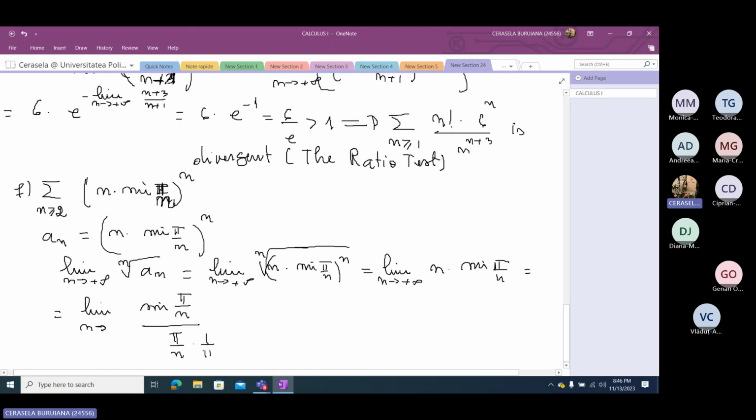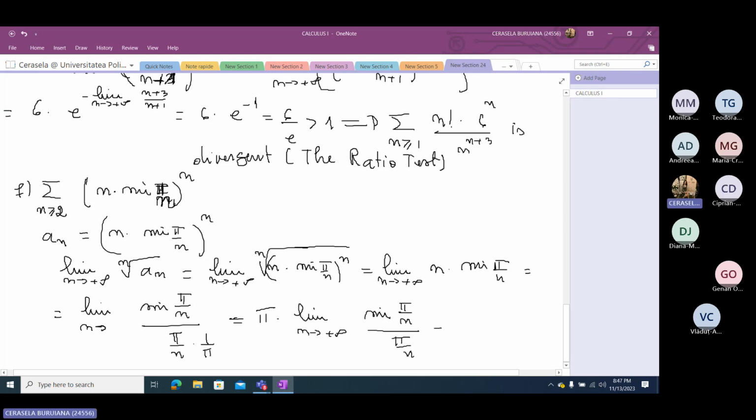I will put pi here, but I have to divide immediately by pi. So everything becomes pi, actually, because 1 over pi, it's pi. Pi, it's a constant. We put it in front of the limit, and we get only limit when n goes to infinity from sinus of pi over n, everything over pi over n.